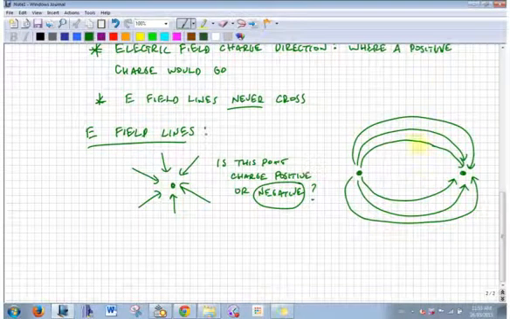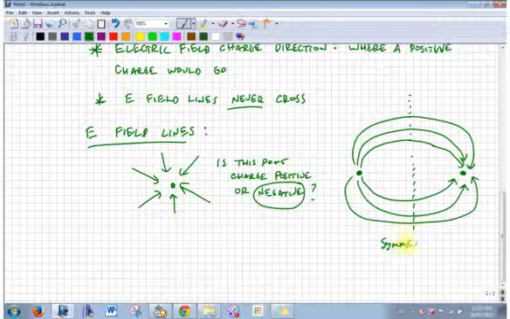So this kind of, and I drew it kind of quickly, but it's symmetrical. Which indicates what? These guys would have equal charge strength.